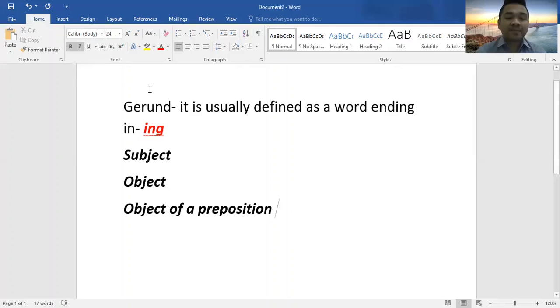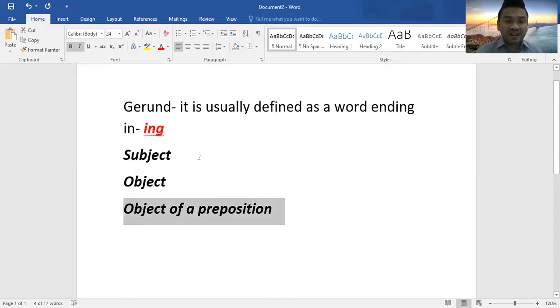When I say basic, it's because there are a lot more. So gerund can be used as a subject, as an object, and also as an object of a preposition.